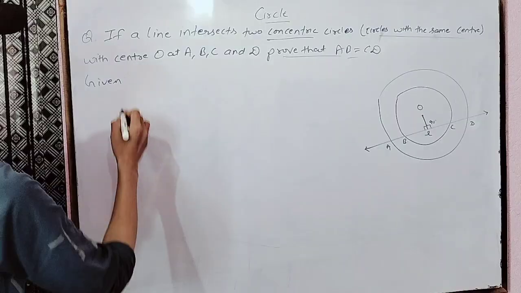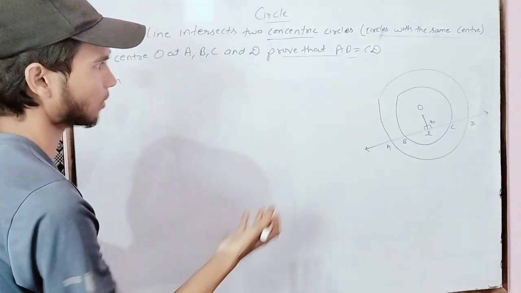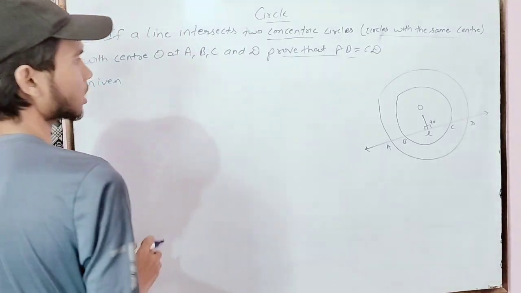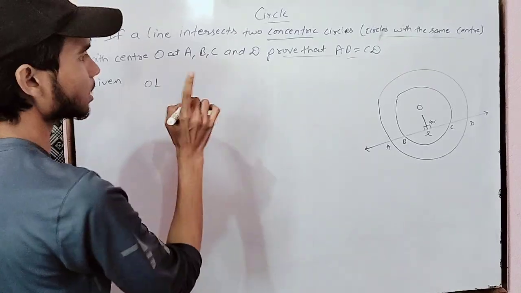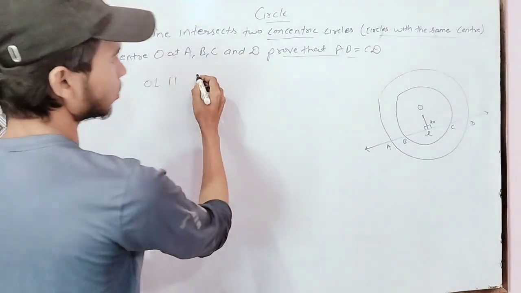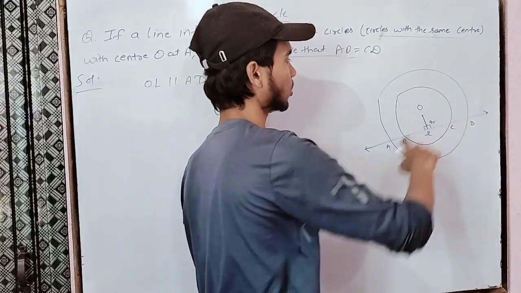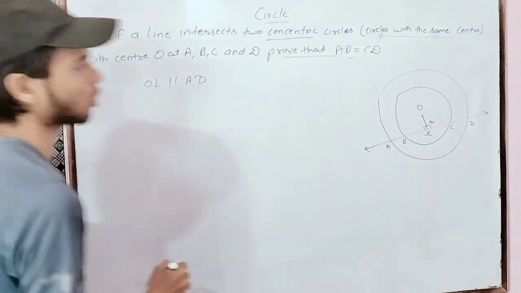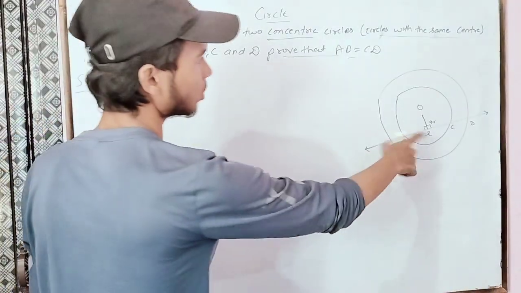Now what is given here? We have constructed O as the center, OL perpendicular to AD. This is not given, but we know it. Here OL is perpendicular to AD, whereas OL is also perpendicular to BC.